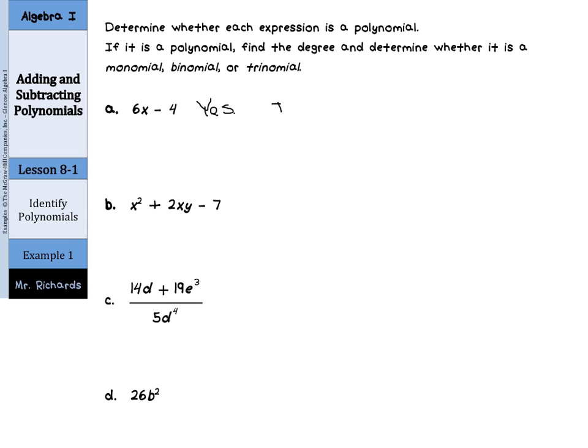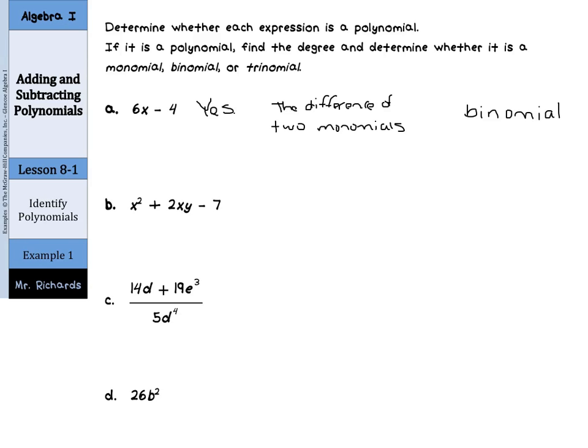Well, it's the difference of two monomials. And is it a monomial, binomial, or trinomial? Well, there's two terms there, so we're going to call it a binomial.